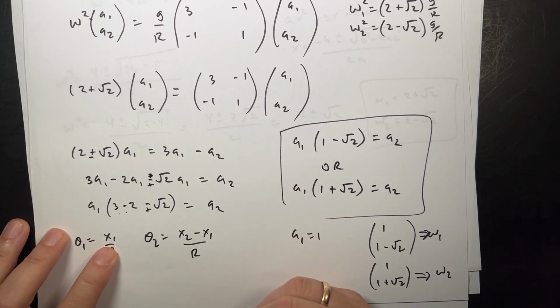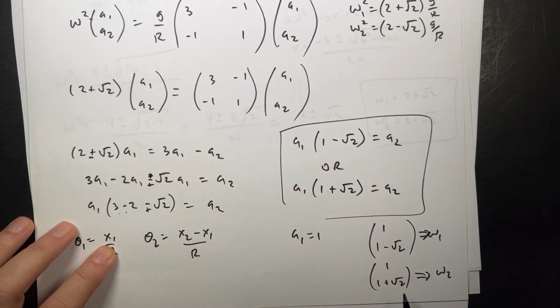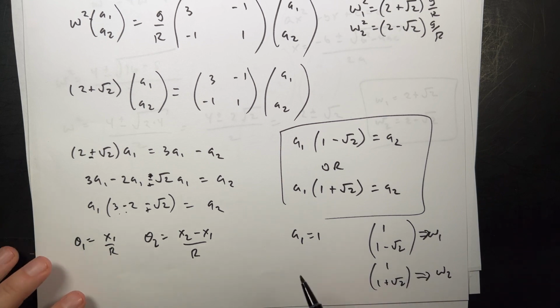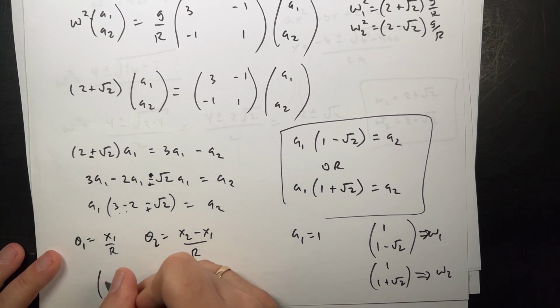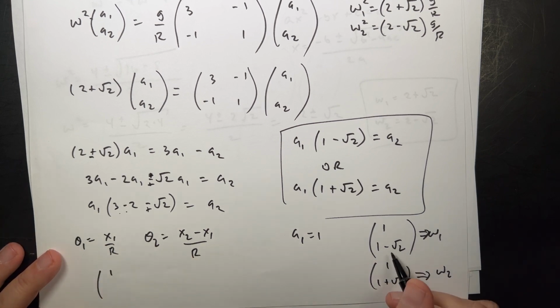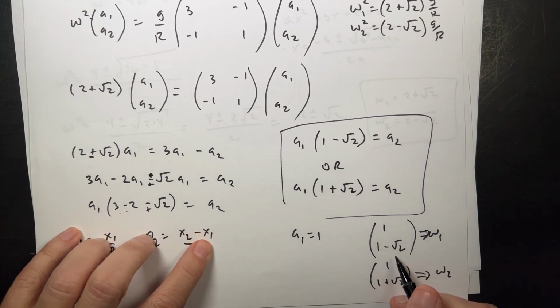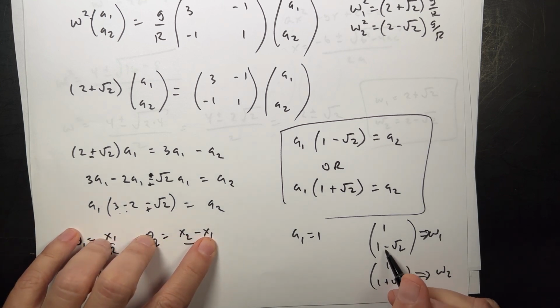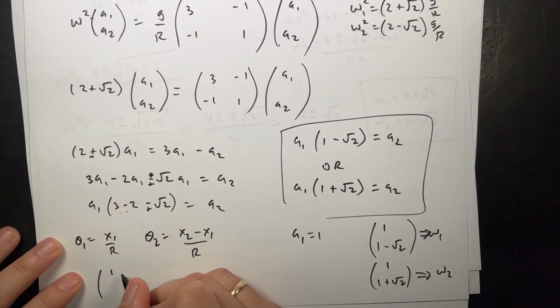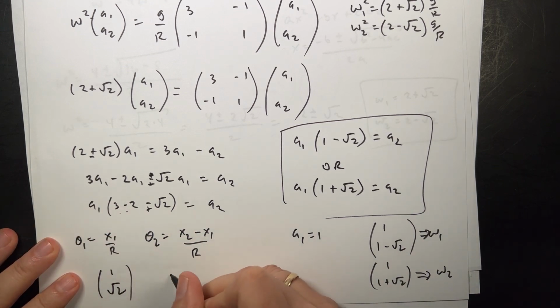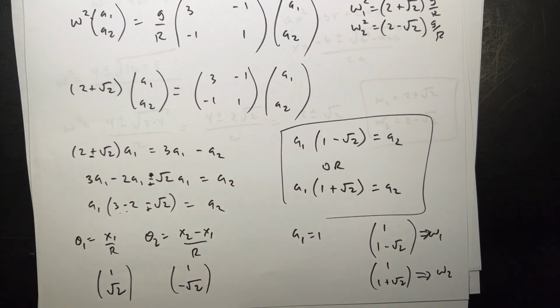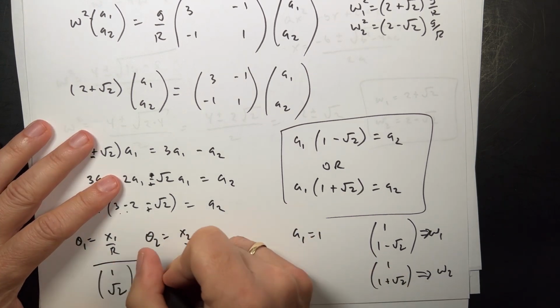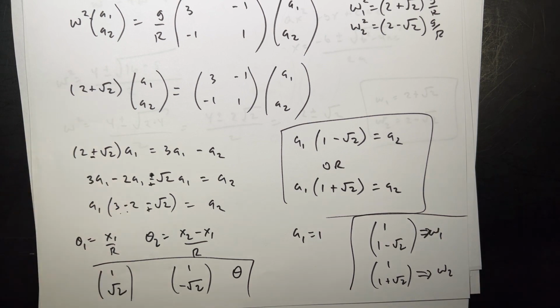So if x1 is equal to 1, then the theta vectors are going to be 1. I'm going to subtract this from theta 1, so it's 1 minus this, so I get the square root of 2, and the other one would be 1 minus the square root of 2. So those are my angle vectors, and these are my x vectors.